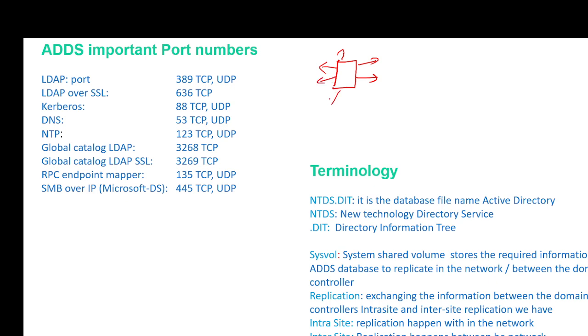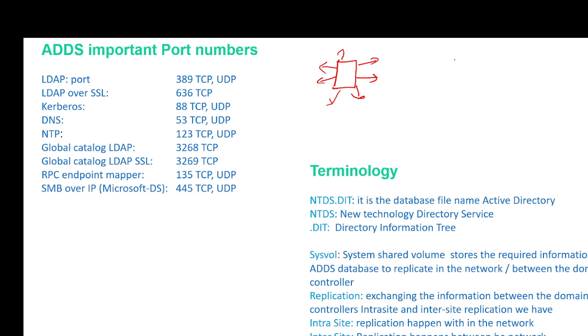Physically you can only see some ports like the VGA port, USB port, and HDMI. But inside the operating system, there are a couple of more ports. They are used for different purposes, and each door we call a port, and it has a separate number. So a few important ports are there in Active Directory as well.